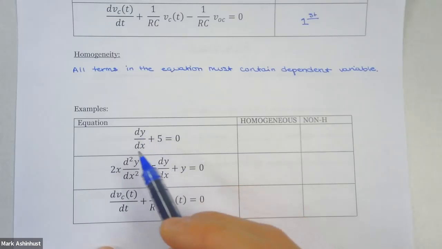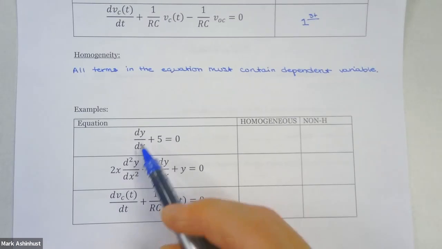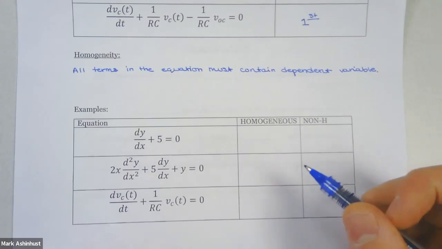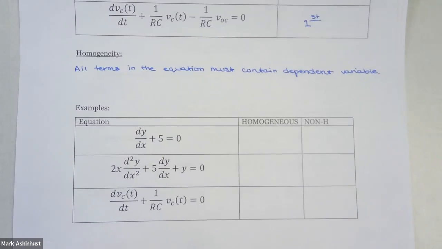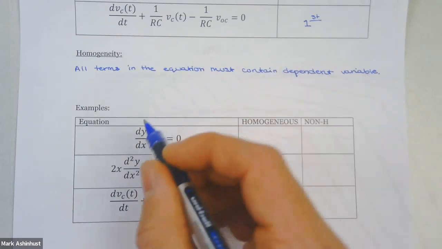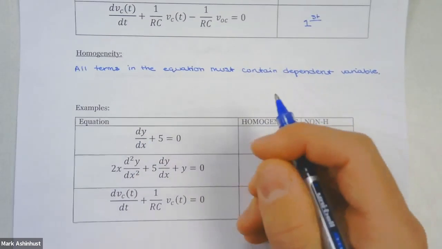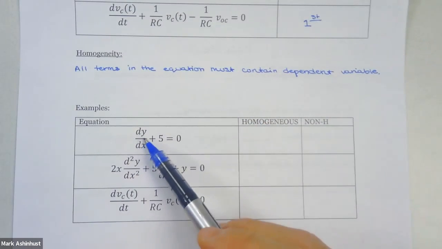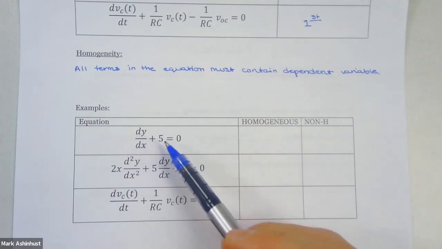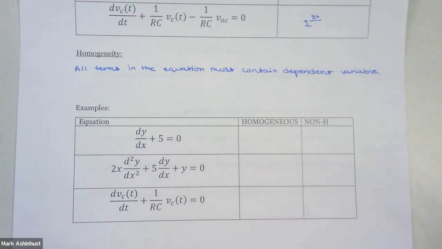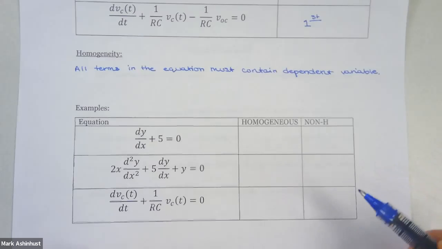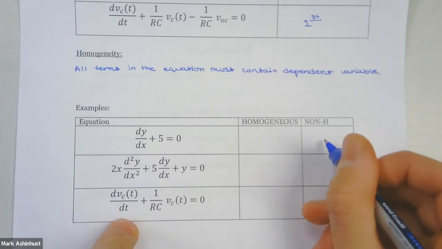Sorry, my bad. The dependent is y. The independent is x. So the first one contains the dependent variable. Does the 5? No, right? So this would be non-homogeneous, exactly.